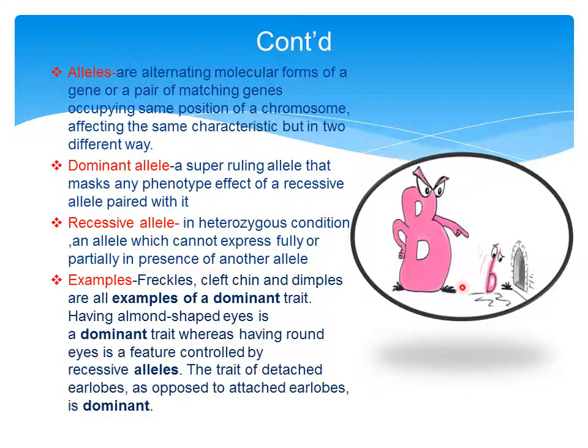So let us assume that a person is very fat. That is his dominant allele, and maybe either of his parents was thin. So this small b is the recessive allele. What is this recessive allele? It is a condition of an allele which cannot express fully or partially in the presence of another allele.